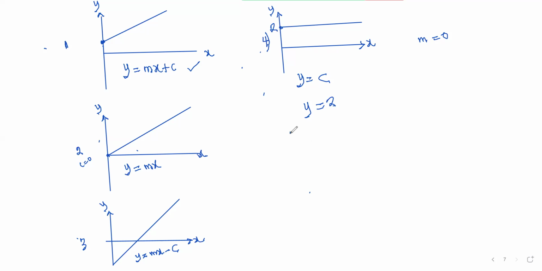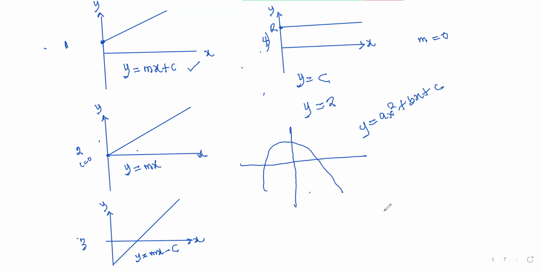So if any graph is a quadratic graph, its equation is ax squared plus bx plus c. A quadratic can also be written this way. All right.